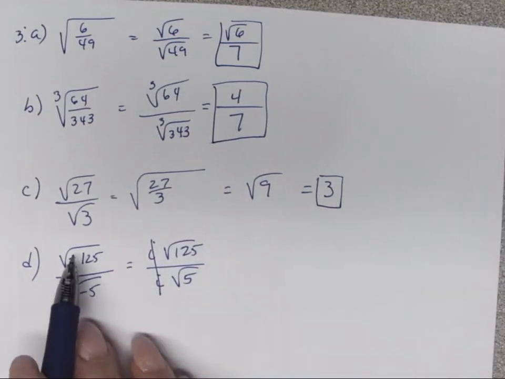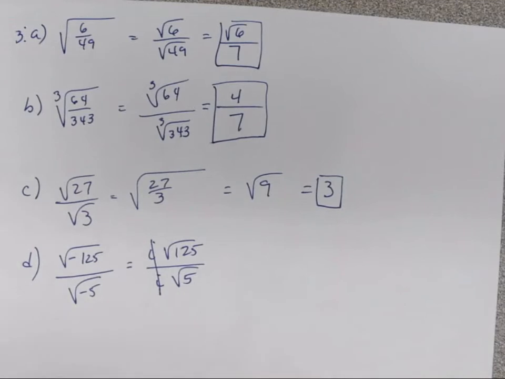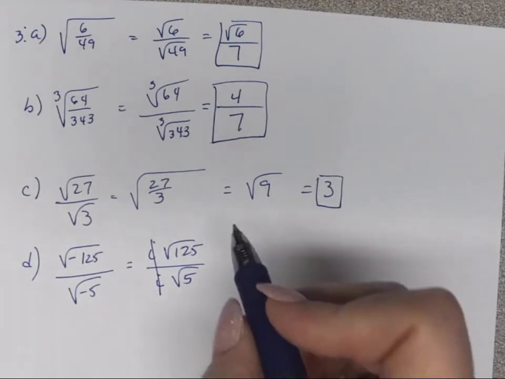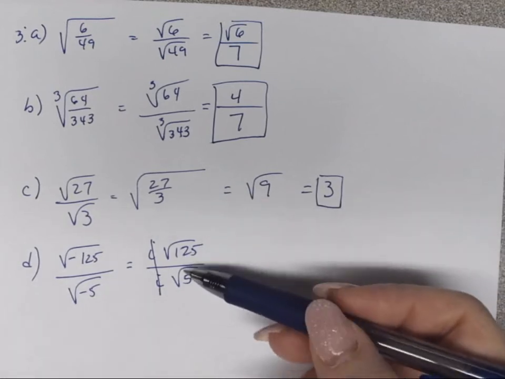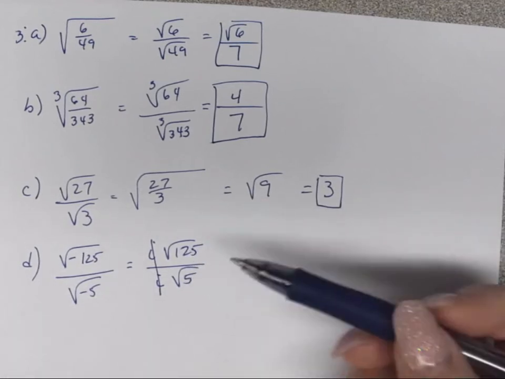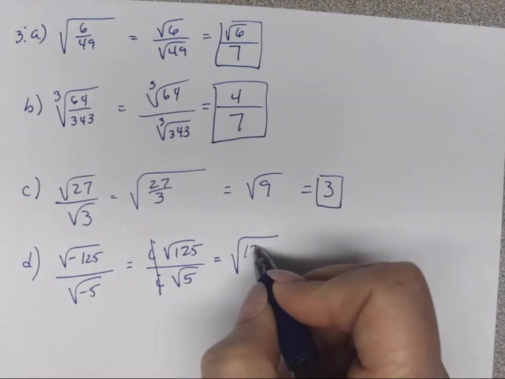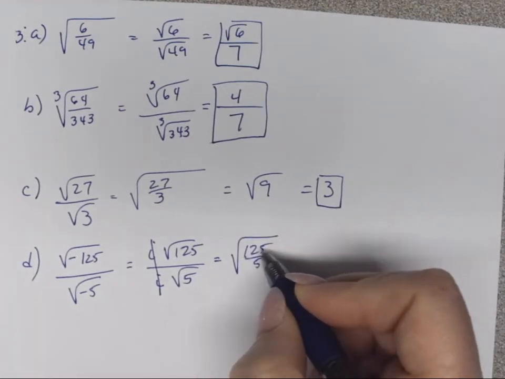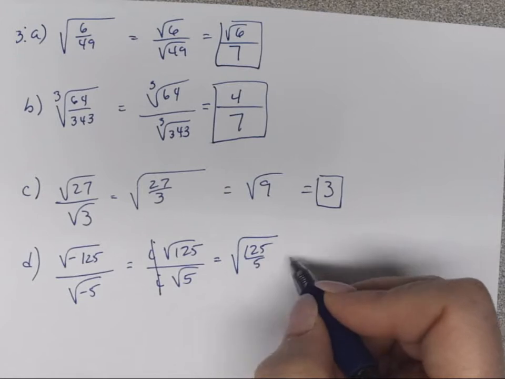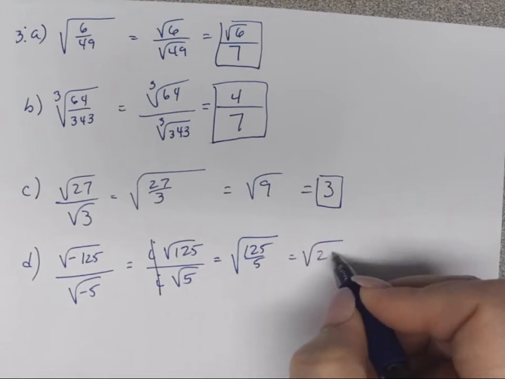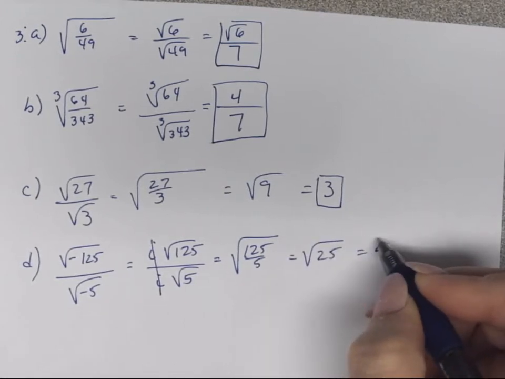And you're like, well, why can't I just divide by the negatives? Because you've got to make sure you account for all of those negative signs. So you do need to pull out the i's. Now, these are not perfect squares, but 125 does divide by 5. So I can put those together under the radical. And 125 divided by 5 would be 25, and the square root of 25 is 5.